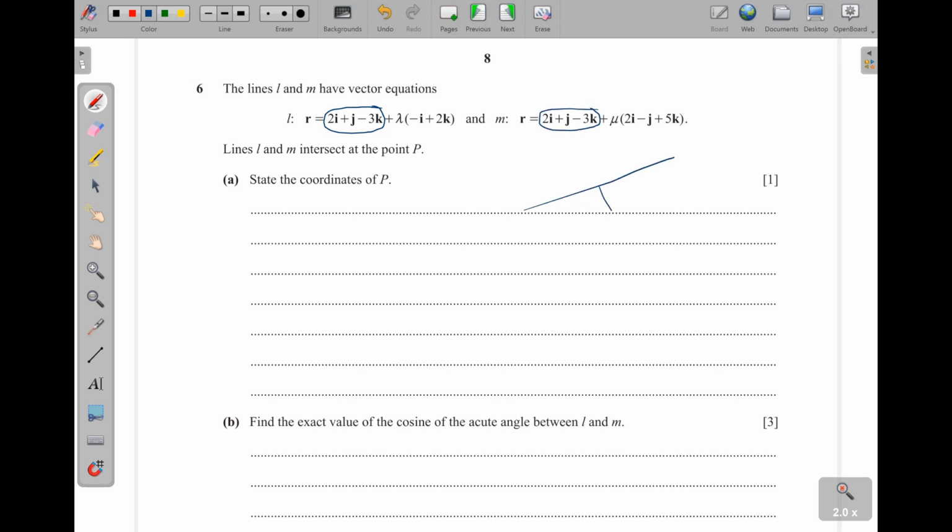Remember, a line, you begin from the origin, you go through a point, there's another point that you know, and then there is an arrow somewhere. So there is a common point, that one there. That means that common point P is going to be 2, 1, negative 3, as simple as that.